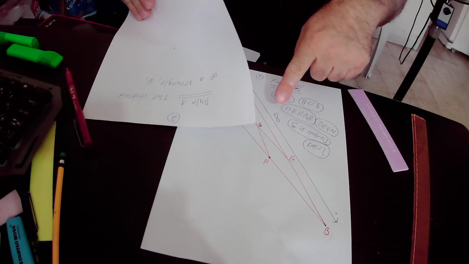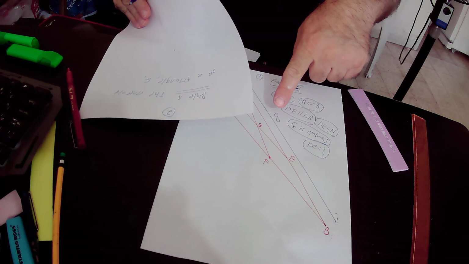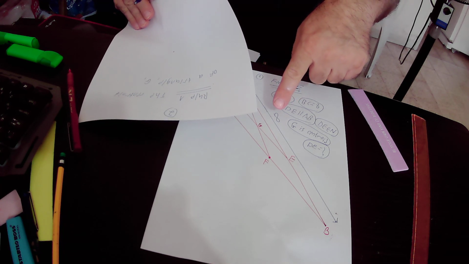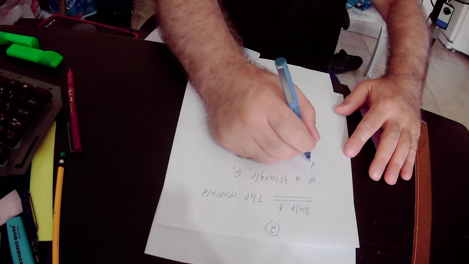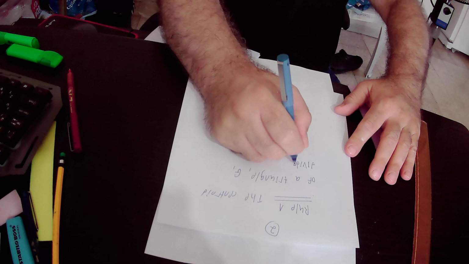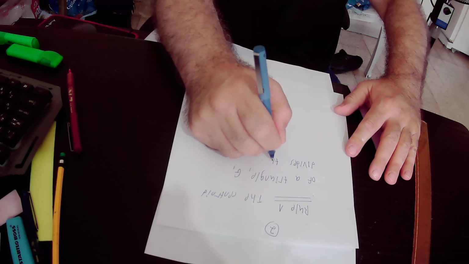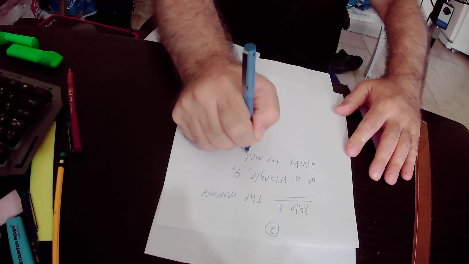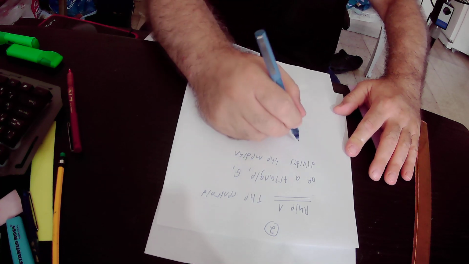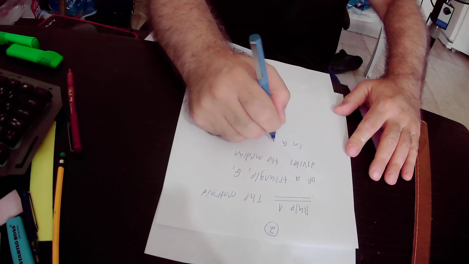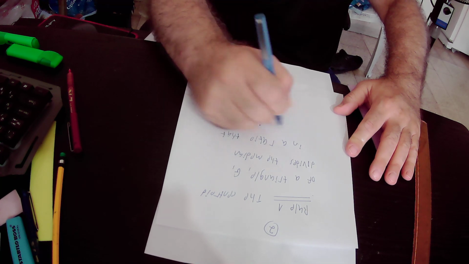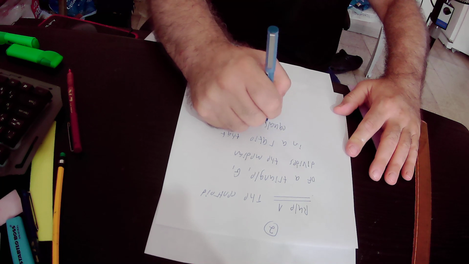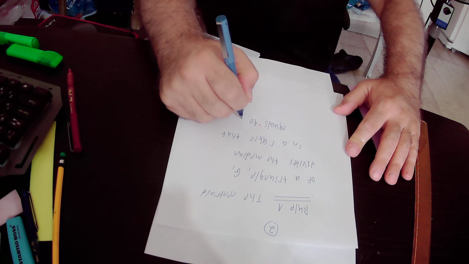So this centroid of triangle ABC divides the median in a ratio that equals 2 to 1.